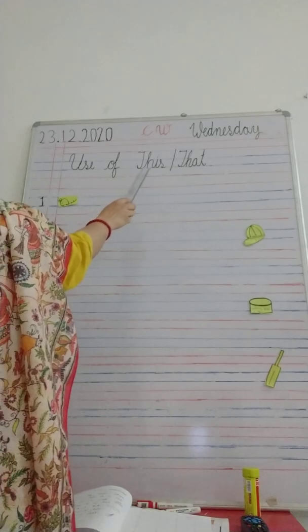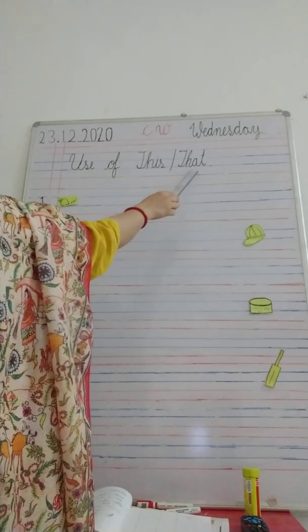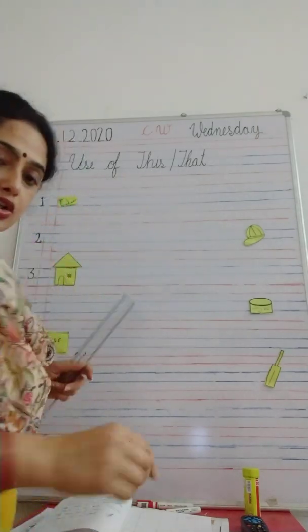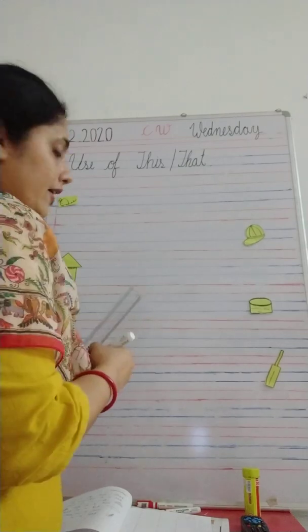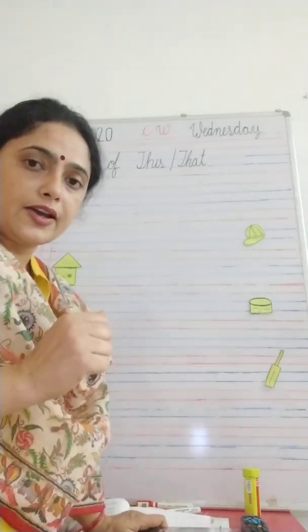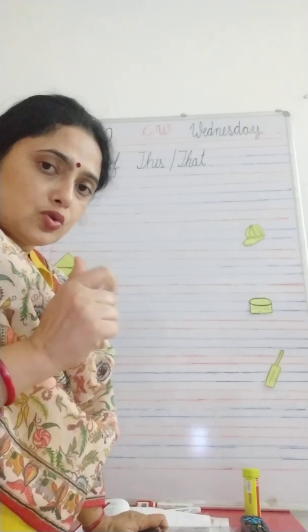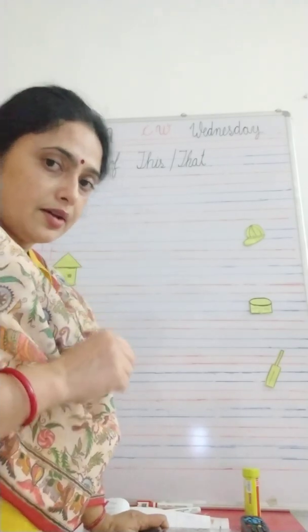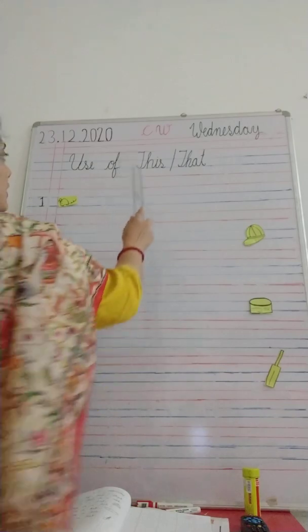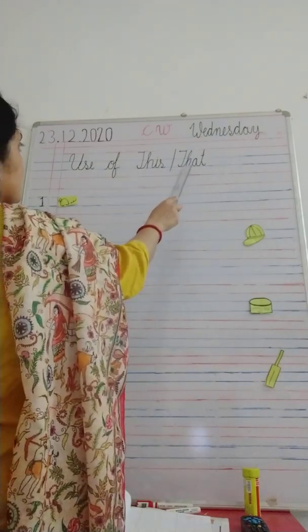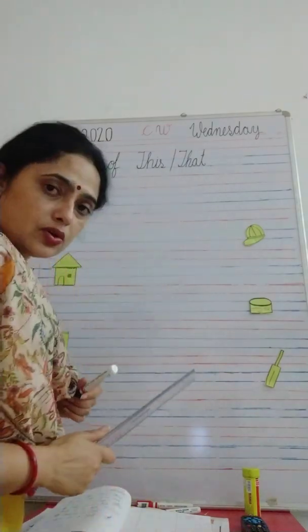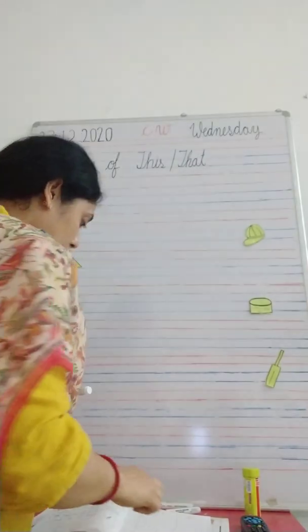Use of, the is this and that. Okay, babies, do you know when T and H come together, it gives us two sounds. One is the and one is the. Here we are calling it the. So we are doing this and that.